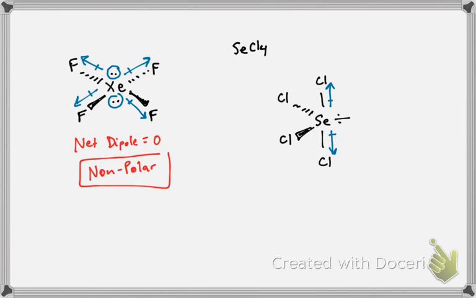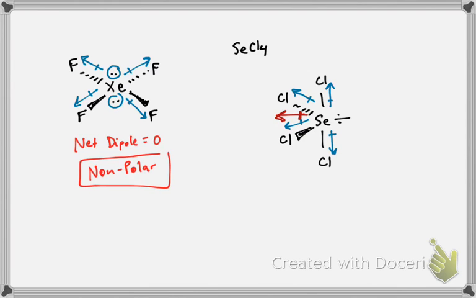So we've got one going up, one going down. Those are going to cancel each other out. So if we had no other atoms sitting around, then that would be an example of a nonpolar molecule. But we do have some chlorine atoms hanging out in this equatorial plane, and that is actually going to produce a net dipole moment in this direction.